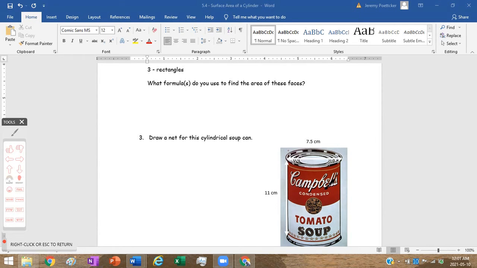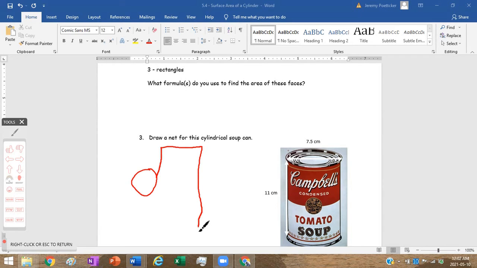So if we take a look, there's one of the ends. So imagine we took the end off, left it connected right here, and we'll do the same thing on this side. We'll leave it connected right here. And here's going to be our rectangle.